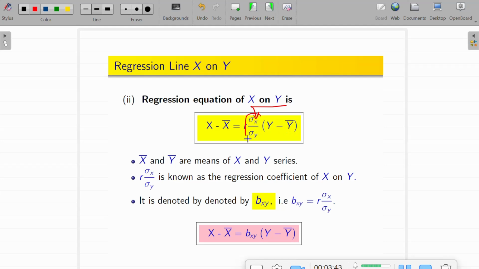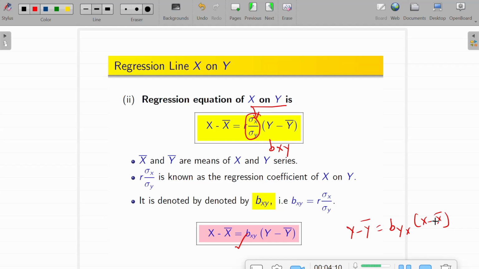So this entire term is nothing but the regression coefficient bxy. So the regression equation of x on y is this. If it is y on x, it is y minus y bar equals the regression coefficient byx times x minus x bar. Right? Hope you are clear with the formulas of the regression equations of x on y and y on x.